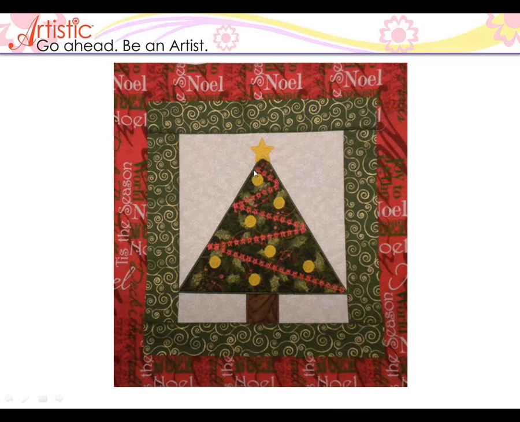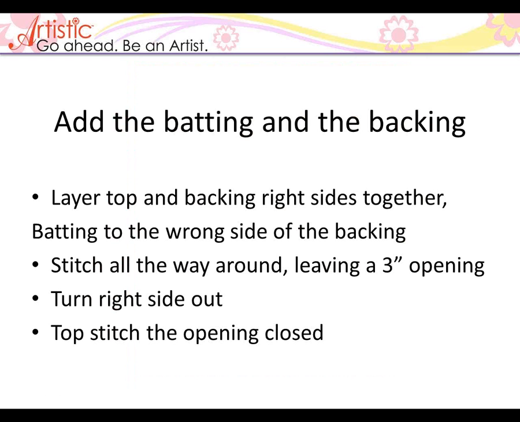And then when I was done putting the top together, I added the batting and the backing. So to the top of my wall hanging, I laid the backing and put those right sides together, batting on the wrong side.